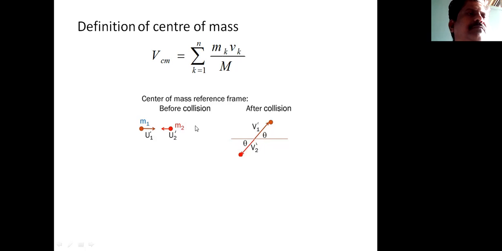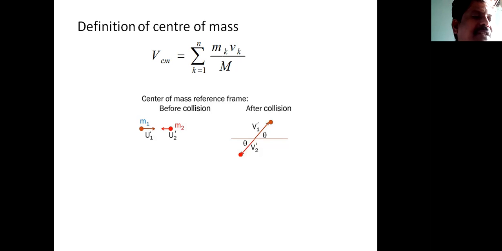So here, consider a particle of mass m1 moving with a velocity u1 in the laboratory frame, and it collides with a particle of mass m2 at rest, that is u2 equals 0. Here m1 is the mass of the particle moving with the velocity u1, and it collides with a particle of mass m2 at rest in the laboratory frame of reference.